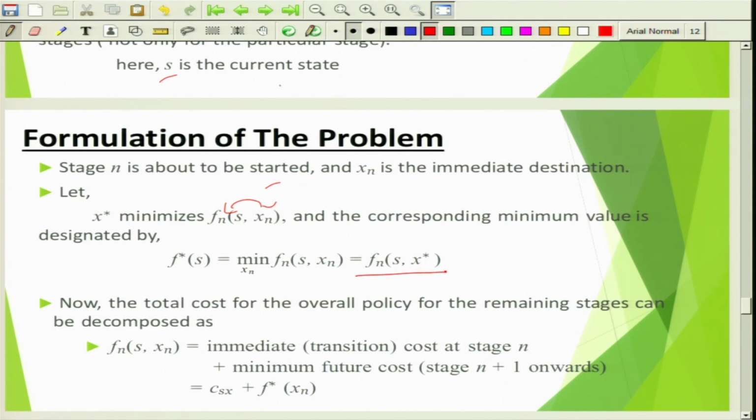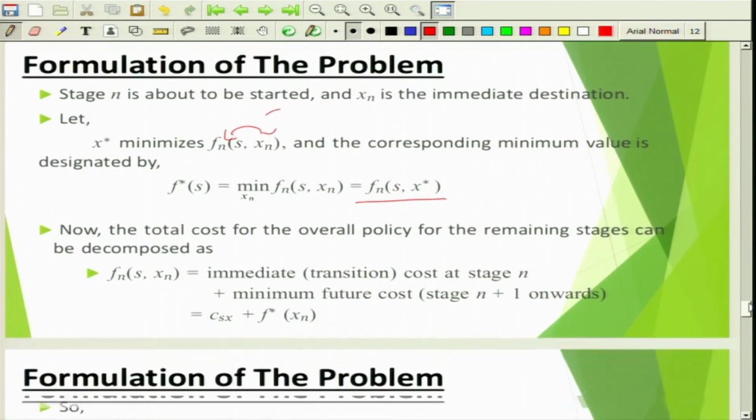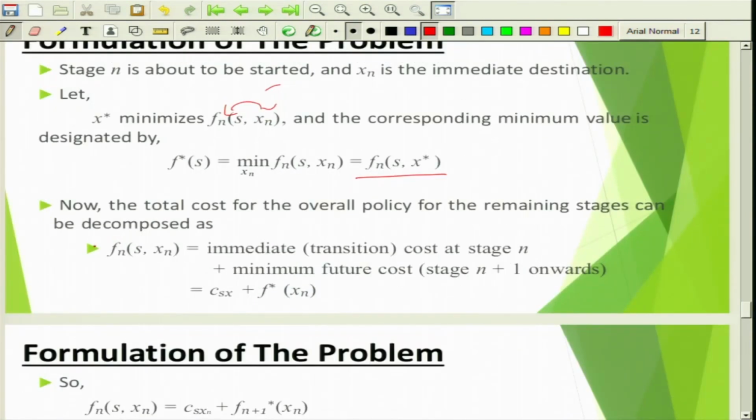Now the total cost for the overall policy for the remaining stages can be decomposed as: Fn of s comma xn is equal to the immediate transition cost at stage n plus the minimum future cost from stage n plus 1 onwards.